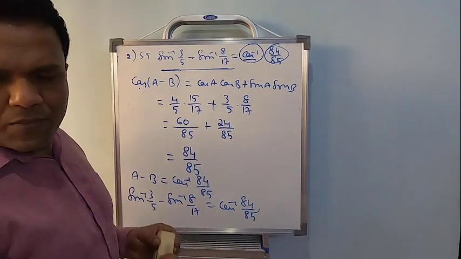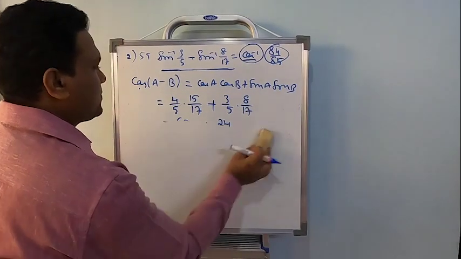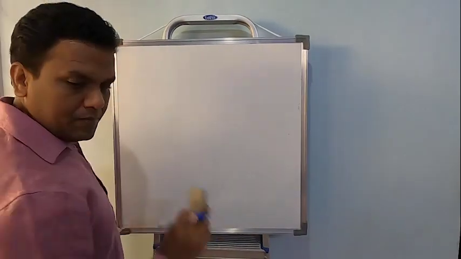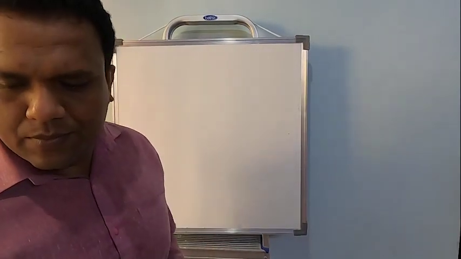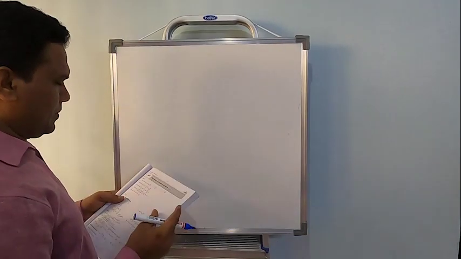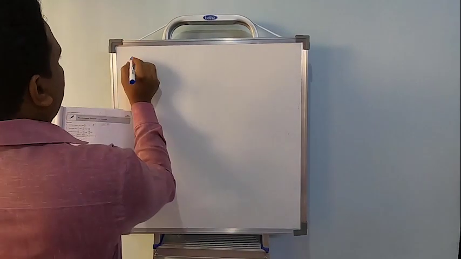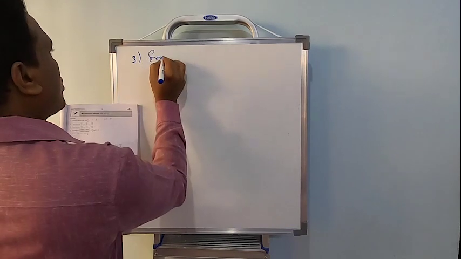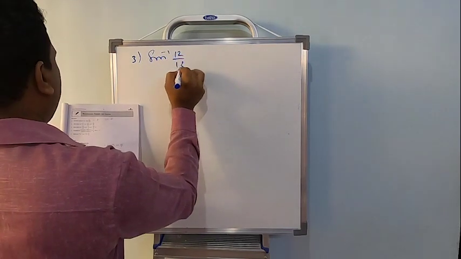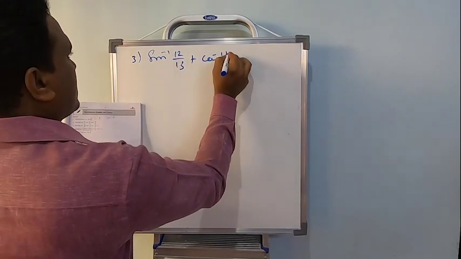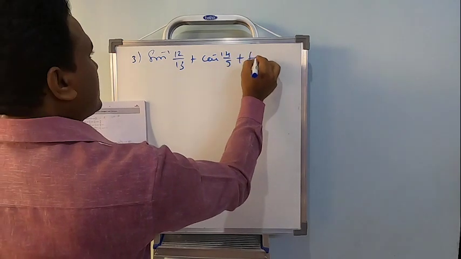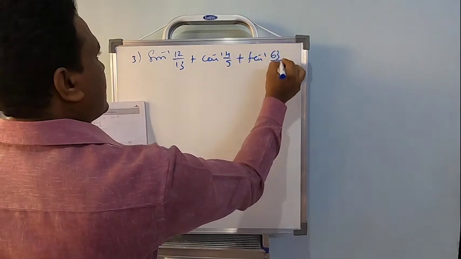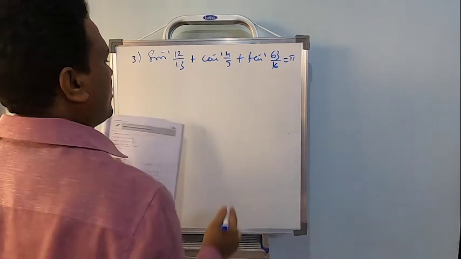Let's go to the next. Problem number 3. Problem number 3 is given by, show that sin inverse 12 by 13 plus cos inverse 4 by 5 plus tan inverse 63 by 16 is equal to pi.